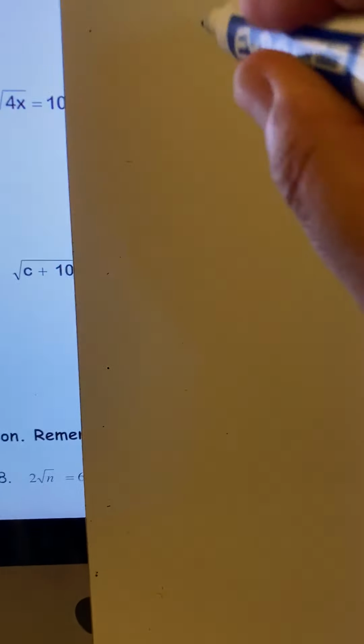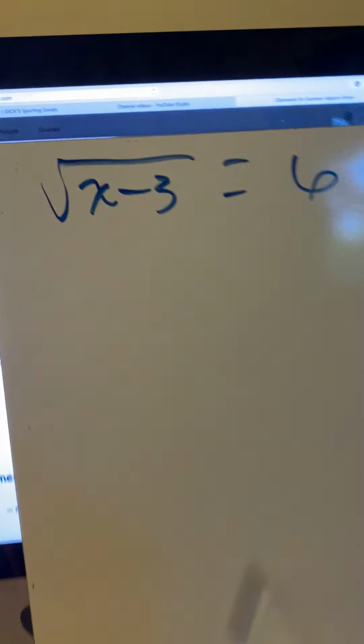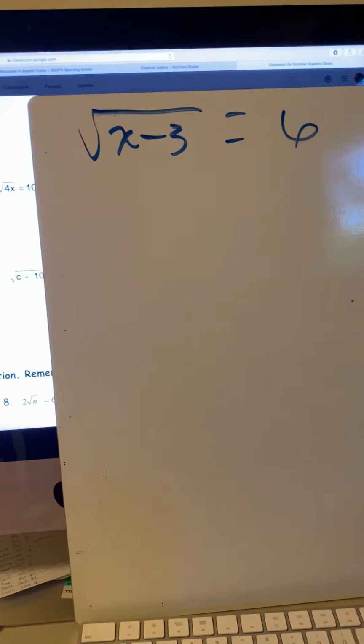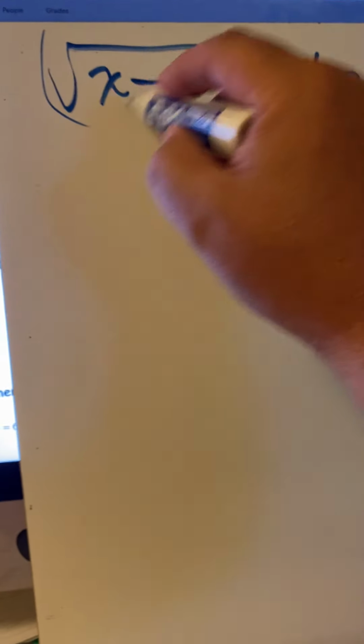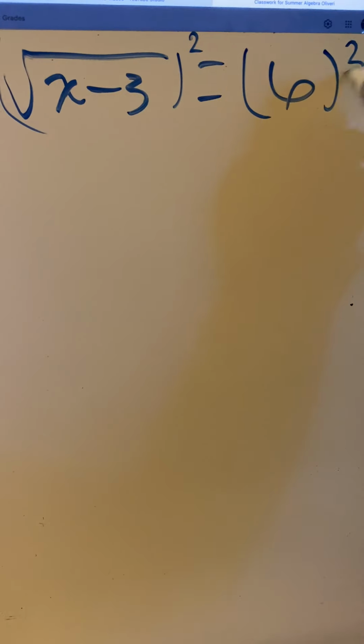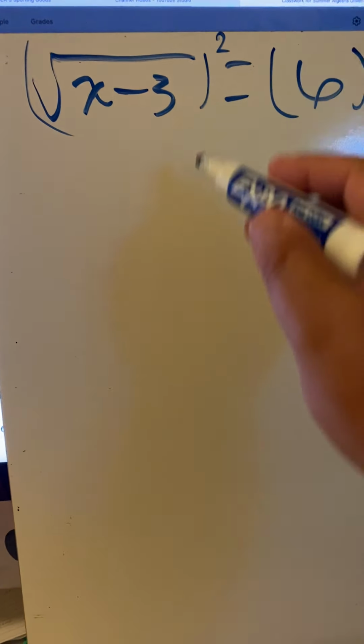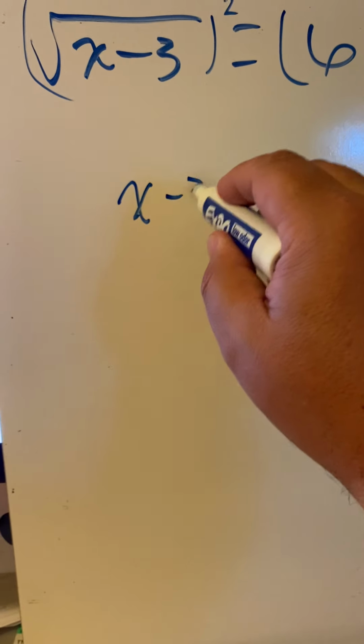Alrighty, number 4 says the square root of x minus 3 is equal to 6. How do I get rid of the radical? I square both sides. The square root of x minus 3 to the second power is just x minus 3.